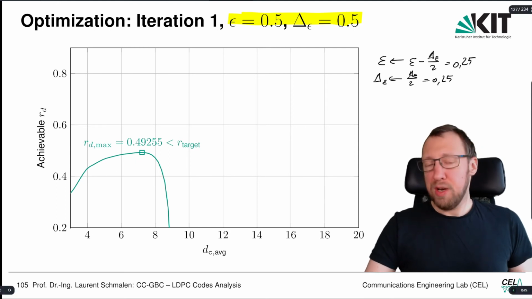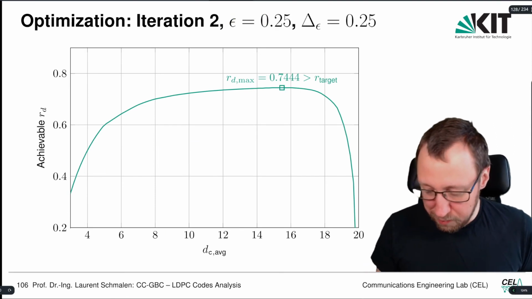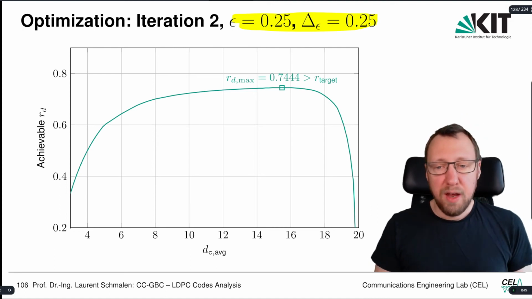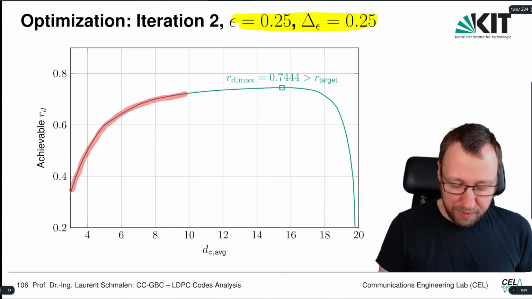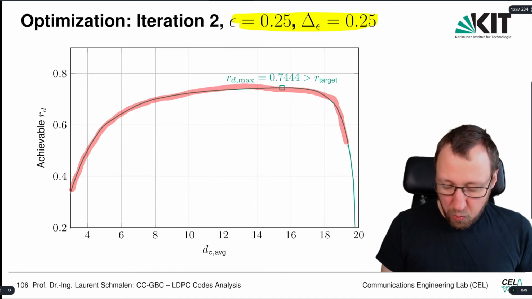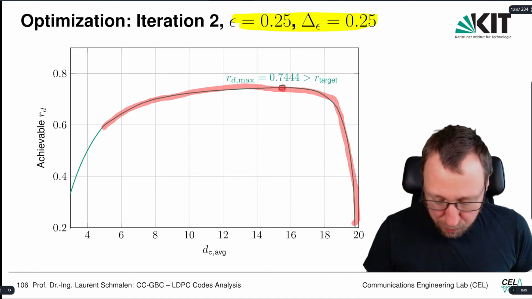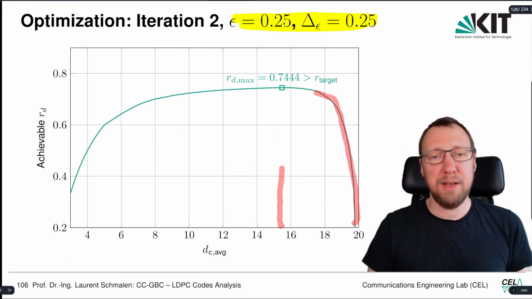Okay, so that brings us to the second step. Now epsilon is equal to 0.25, and delta epsilon is also equal to 0.25. Now we run the optimization, and we see that for a wide range of DC average, we can find good codes. The maximum is obtained here for a DC average of 15.5 something.